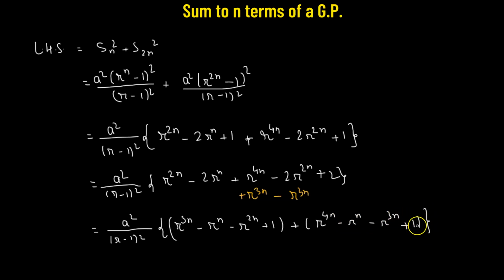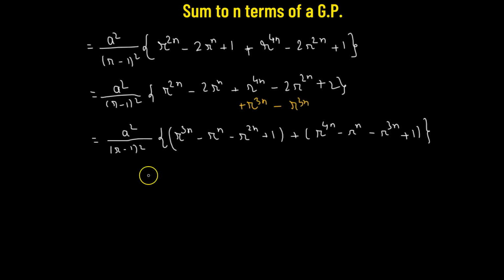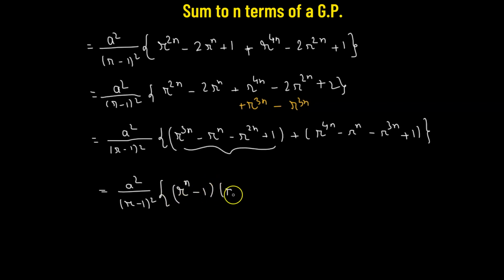Now the reason why we are doing this is that, with a squared divided by (r - 1) whole squared, the first expression is actually the factorization of (r^n - 1) multiplied by (r^(2n) - 1). And the second term is the factorization of (r^n - 1) times (r^(3n) - 1). Right.